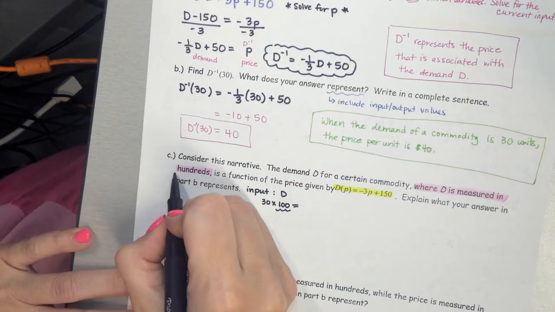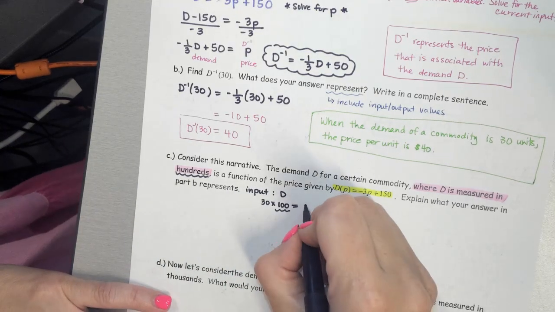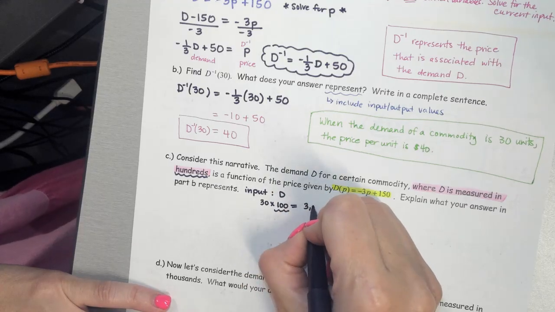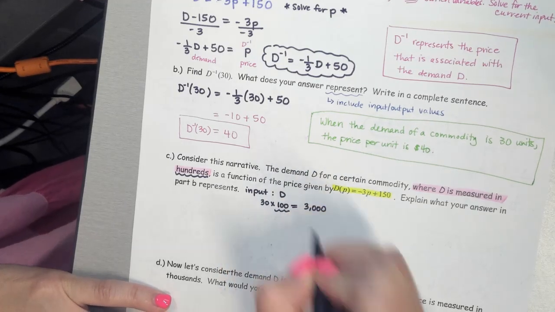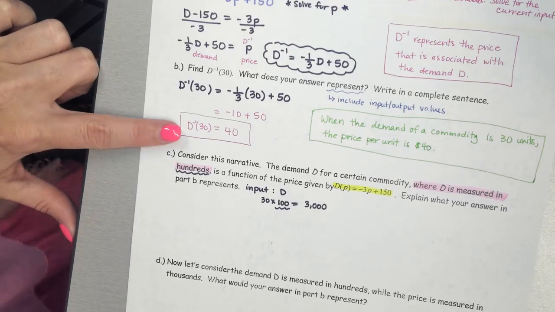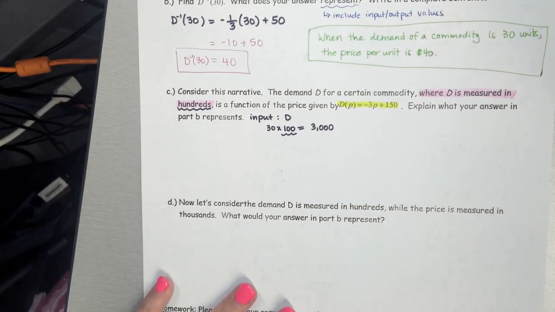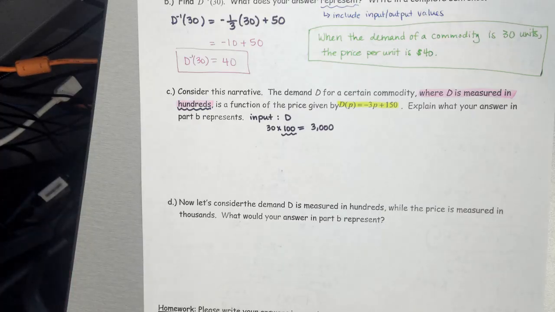If it's measured in hundreds, you take that value and multiply it by 100. So this would be 3 with 3 zeros: 1, 2, 3. It's the same answer. You would still have this equal to 40. You wouldn't plug anything different in.